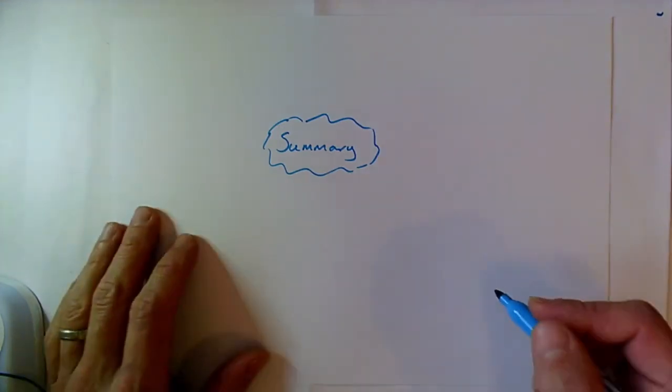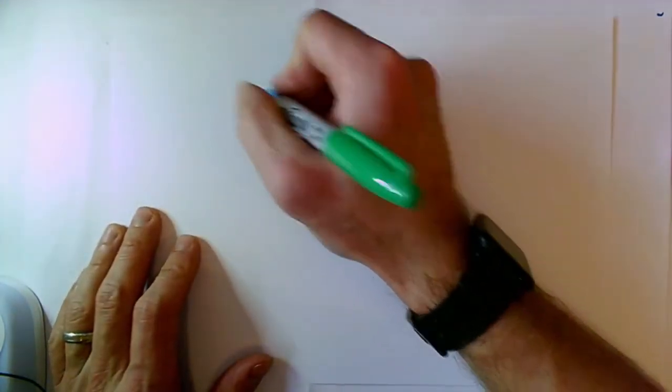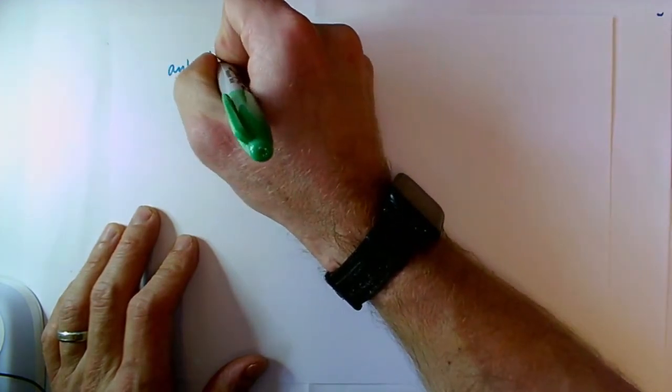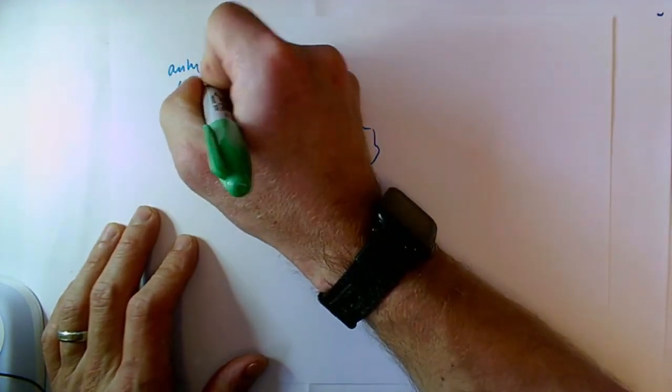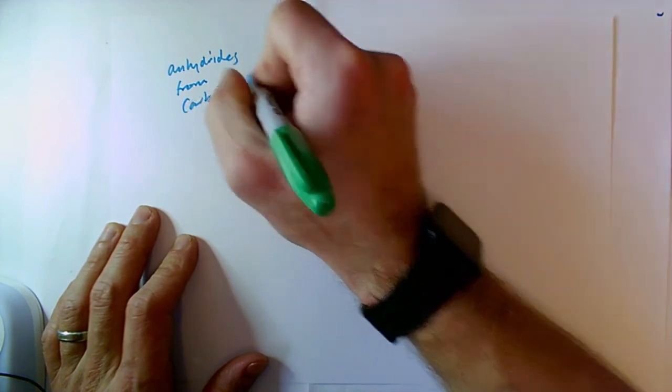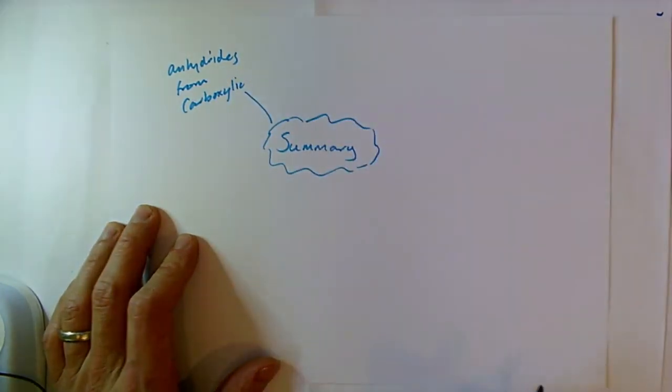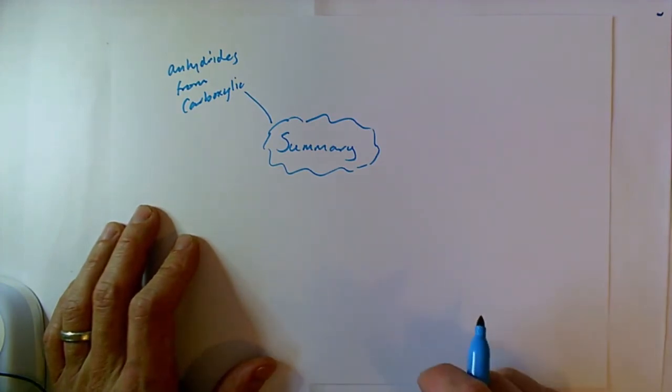So in summary, what have we learnt? Well, we know that anhydrides are formed from carboxylic acids, and they're going to be identical carboxylic acids. So two carboxylic acid molecules react together to form one anhydride.